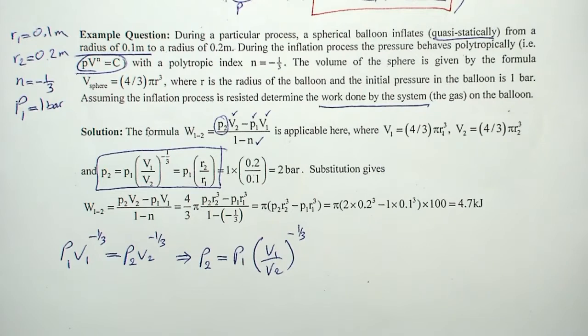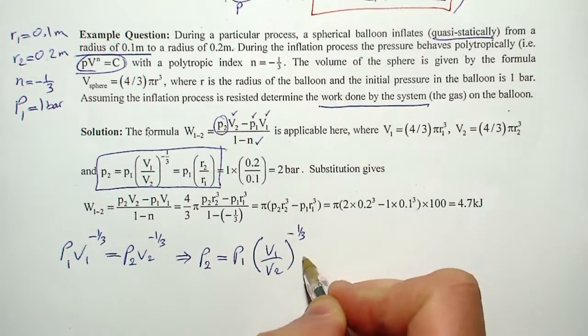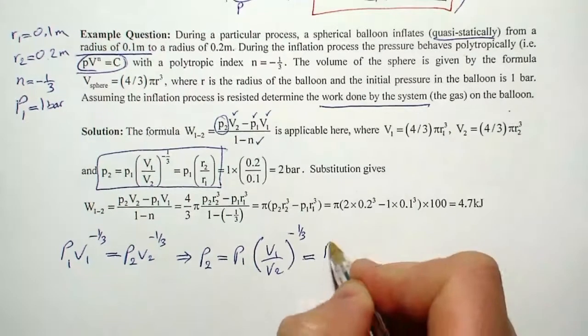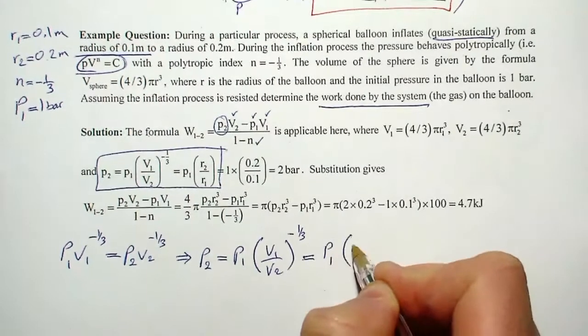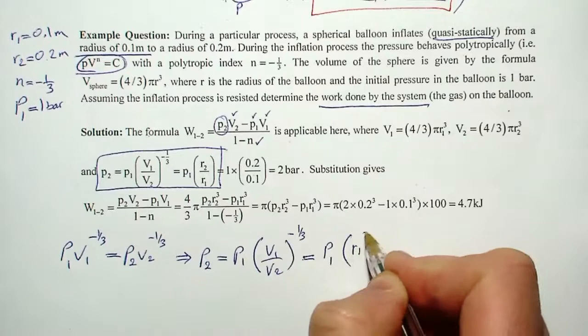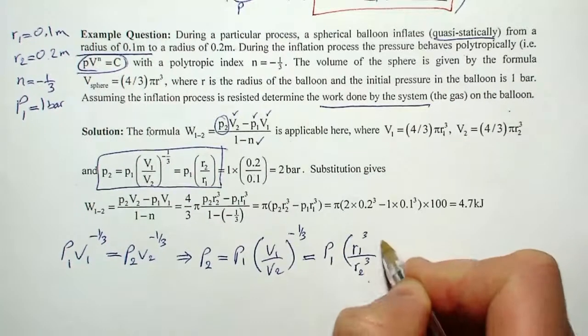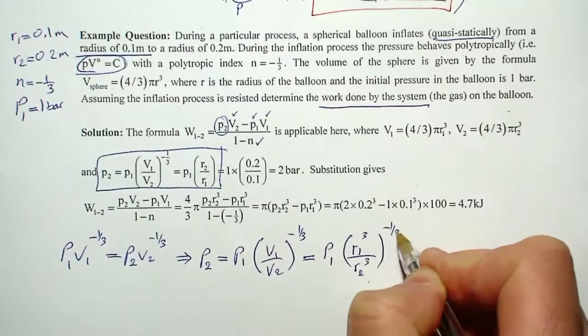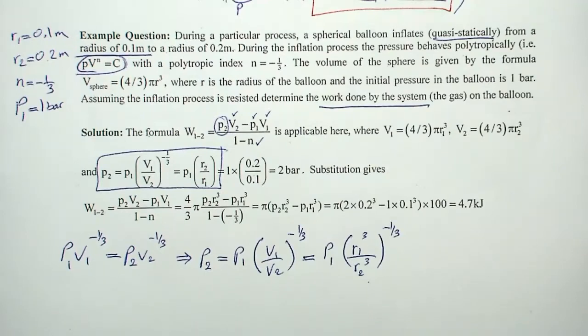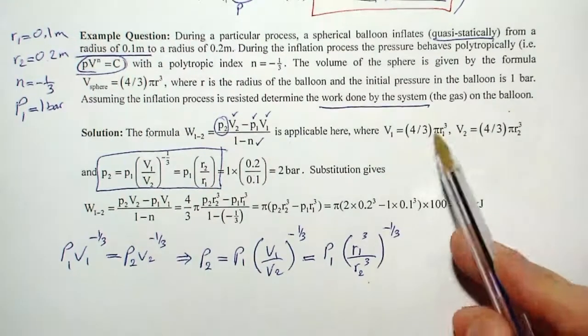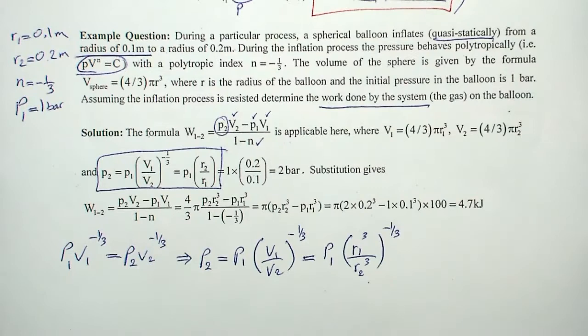Now, I want to make it even easier because I know the value of R, and therefore I want to replace V with R if I can. So that is actually P1 times R1 over R2, both to the power of 3, and the whole thing is to the power of minus 1/3. Note that 4/3 pi has been cancelled on both sides, in the numerator and the denominator, and you're left with R to the power of 3.